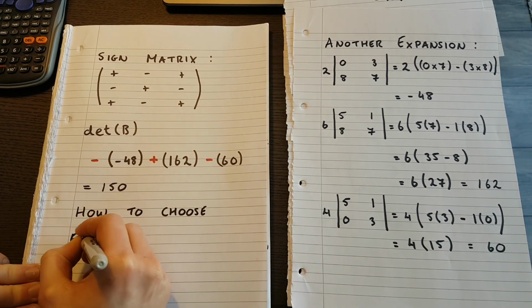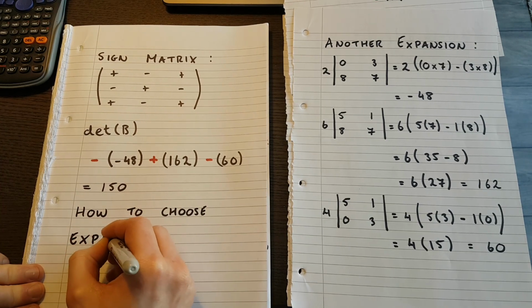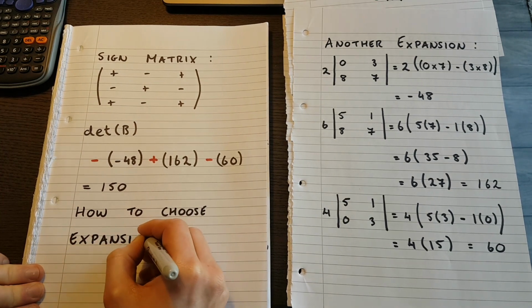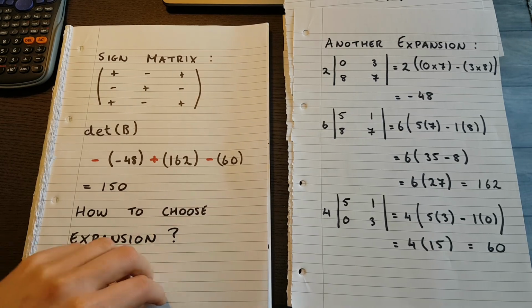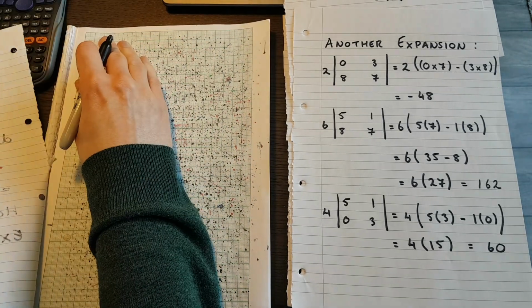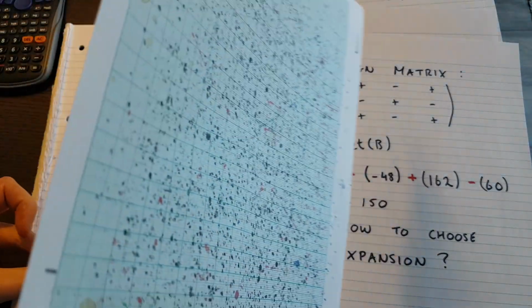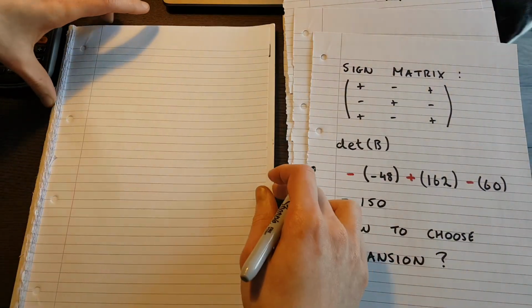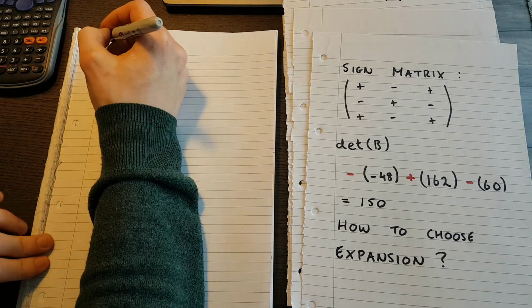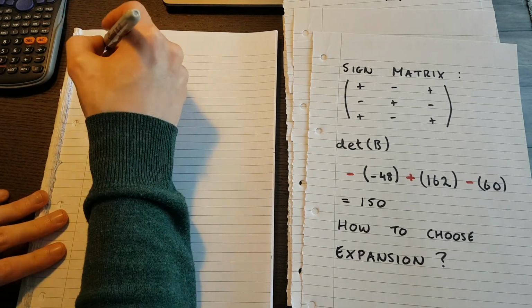How do you choose your expansion? Well, let's have a look here. Let's have a quick example. I'm not going to write it all down, but do the whole expansion again, but consider this matrix.